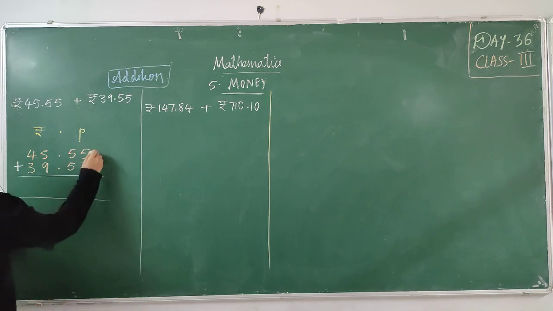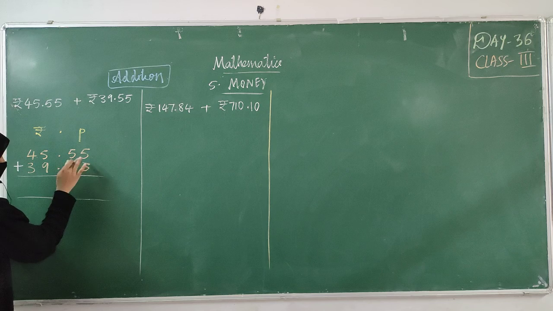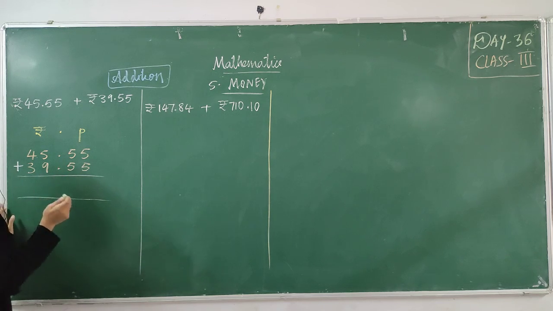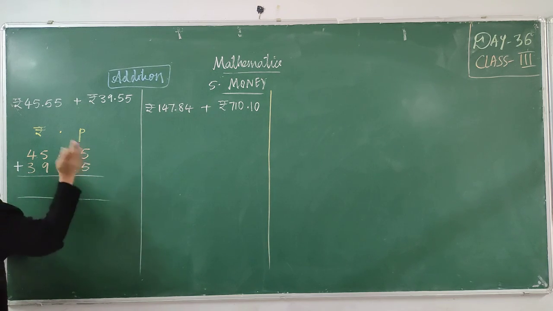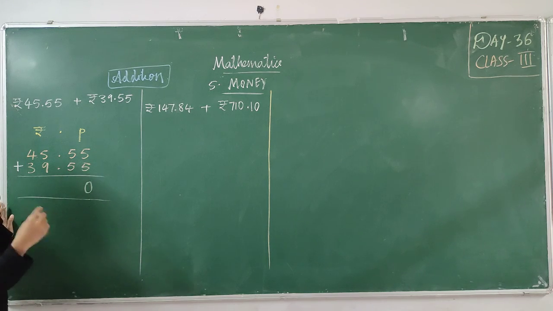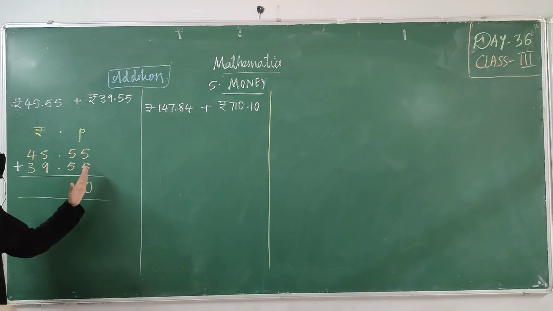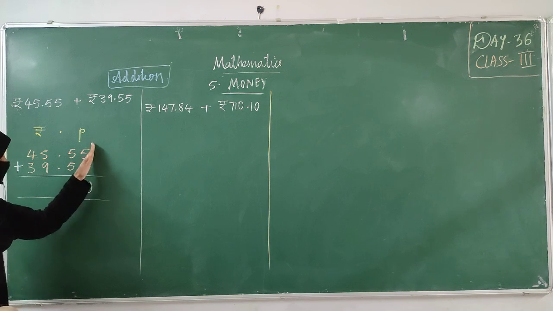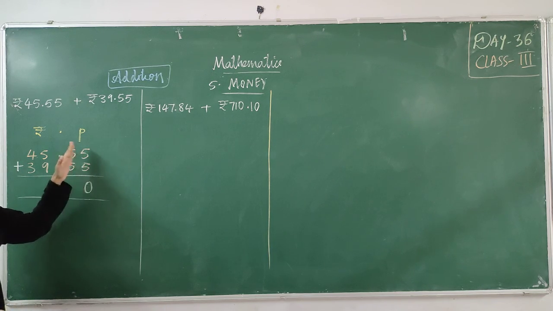5 plus 5 is 10. 10 is a 2-digit number, so you are going to write 0 here and carry 1. How you were doing in common addition, you used to carry the number to the very next place.